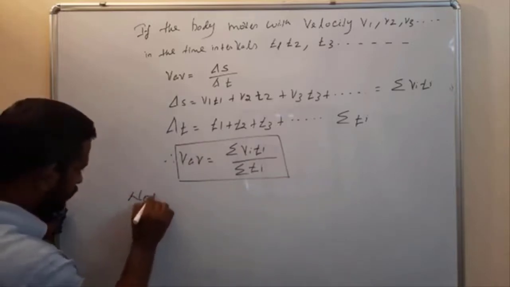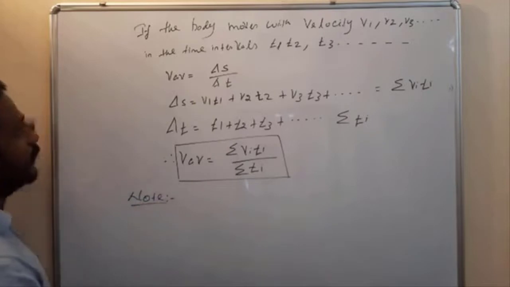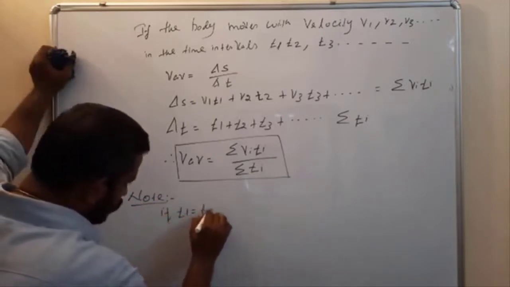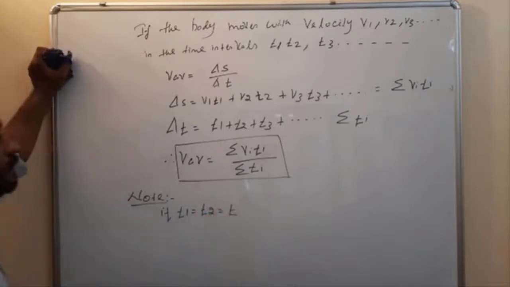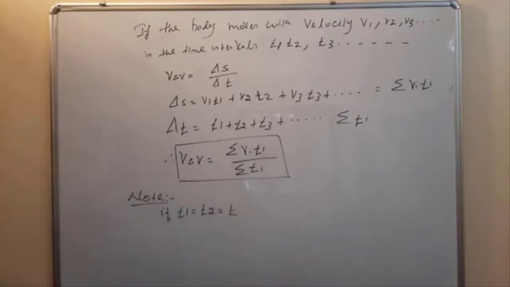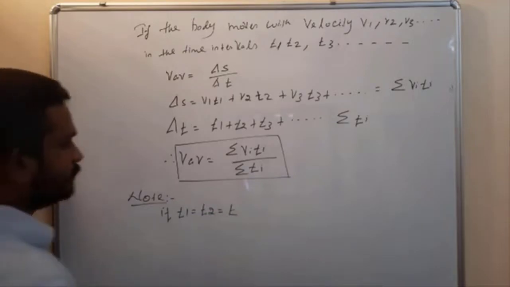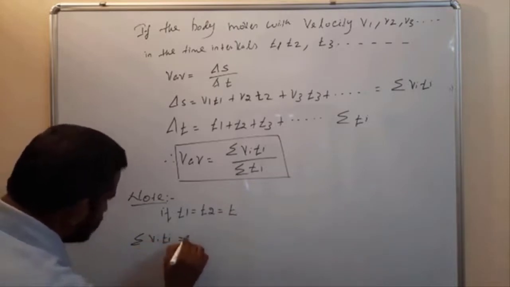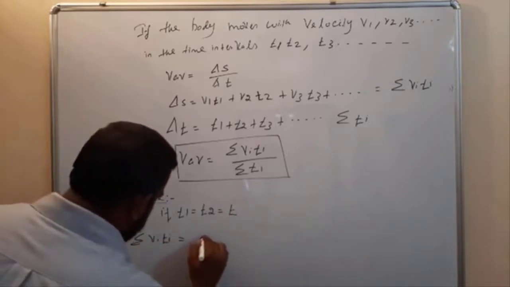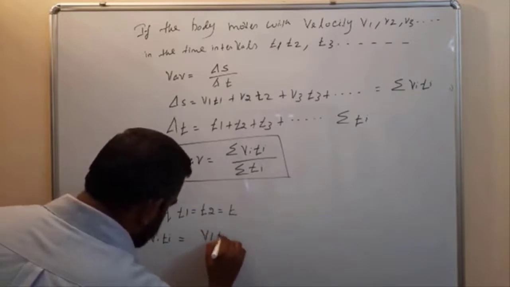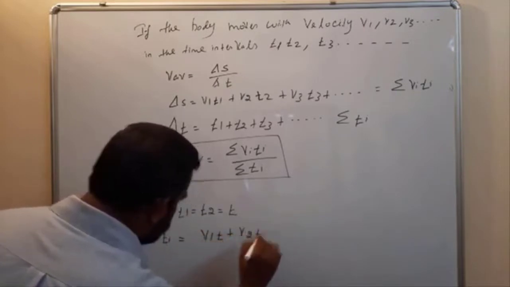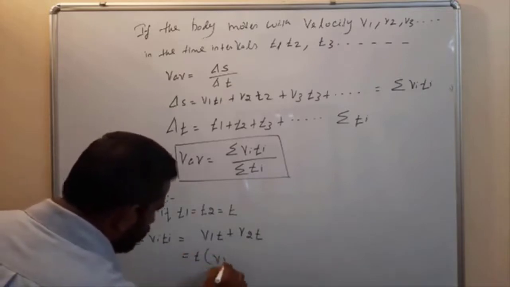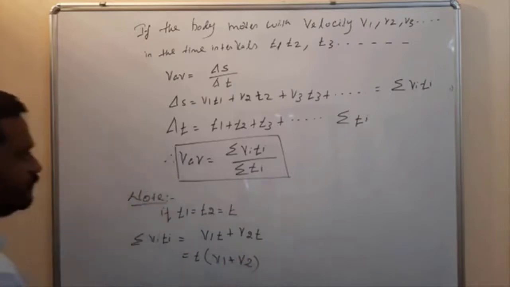Note, if T1 is equal to T2 is equal to T, so summation of Vi Ti is equal to V1 T plus V2 T. Okay, so take T commonly outside, T into V1 plus V2.